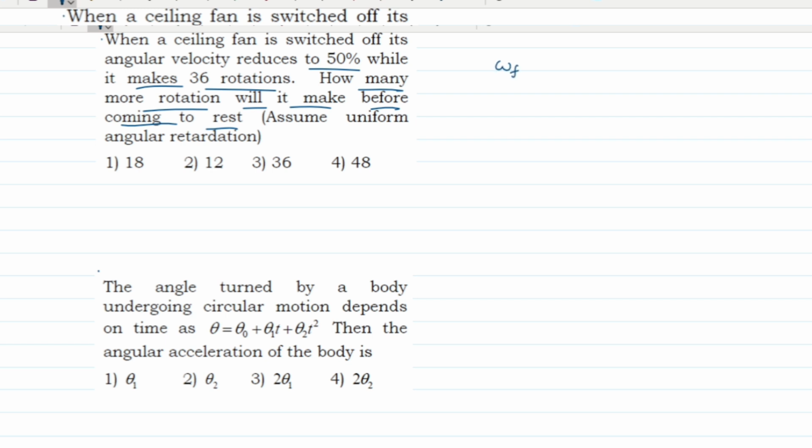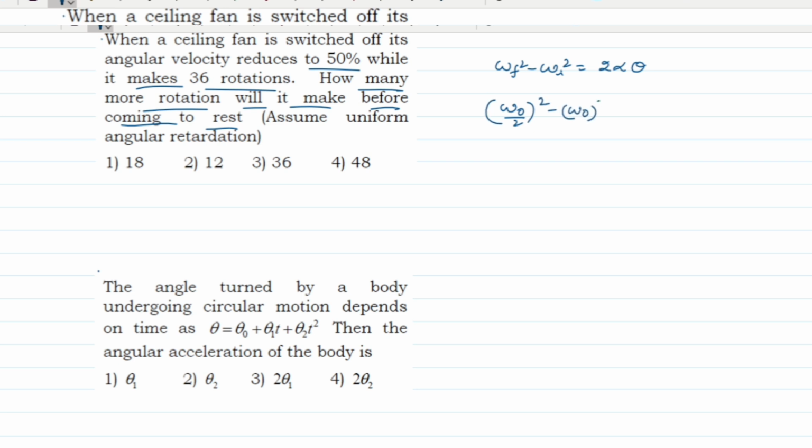You know the relation omega final whole square minus omega initial whole square is equal to 2 into alpha into theta. Let us take omega naught as the initial angular velocity. It is given that it decreases to 50%, so omega final is omega naught by 2.